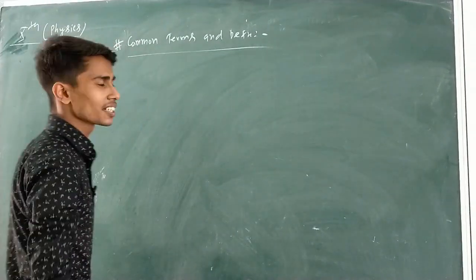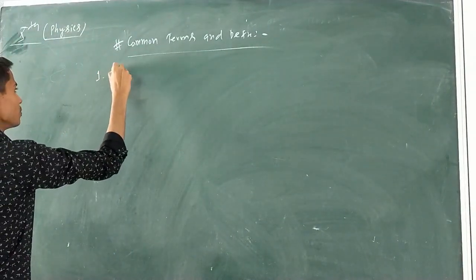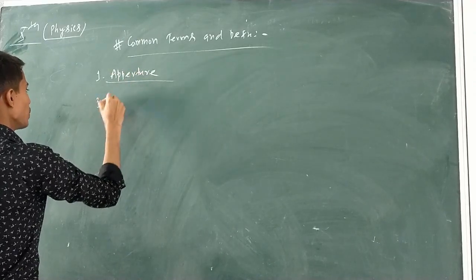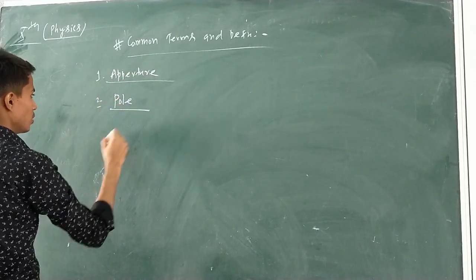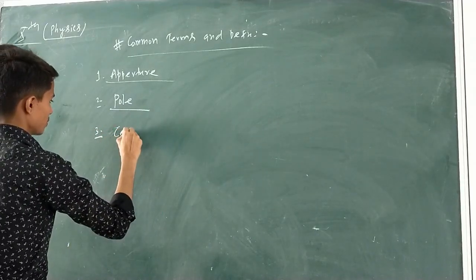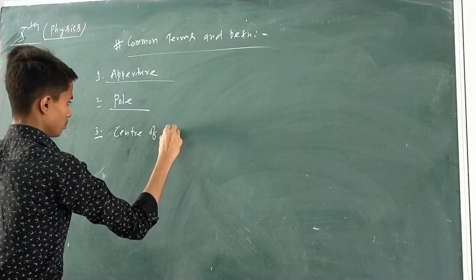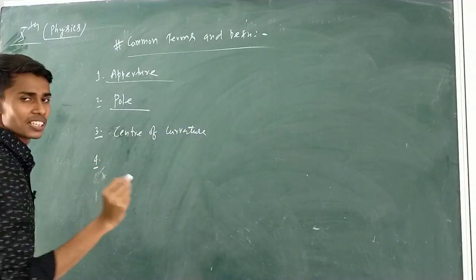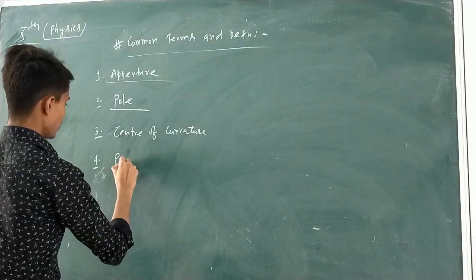Now listen, these definitions are: first, aperture of the mirror. Then we will discuss pole. Then after pole, we will learn center of curvature. After center of curvature, we will learn principal axis.